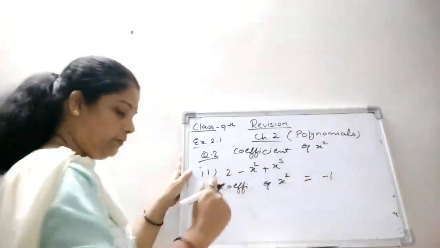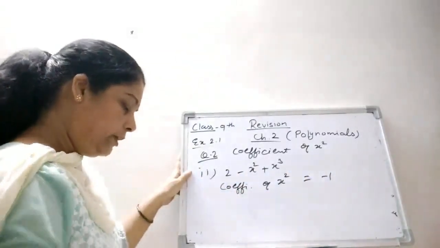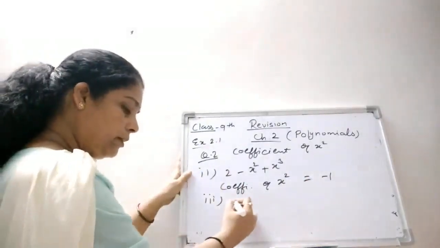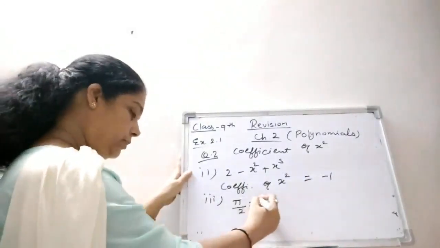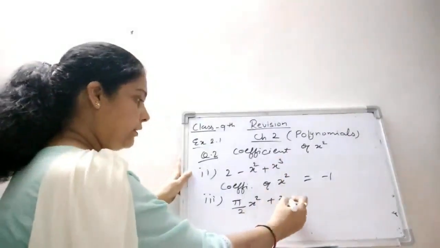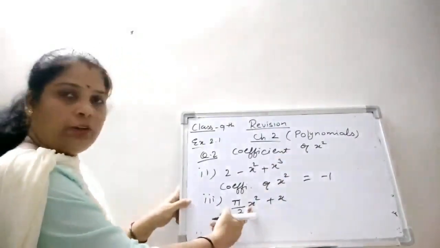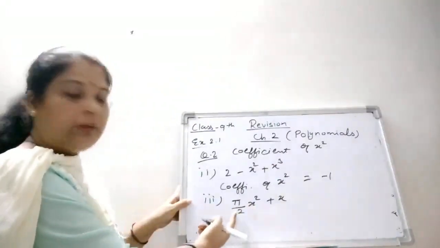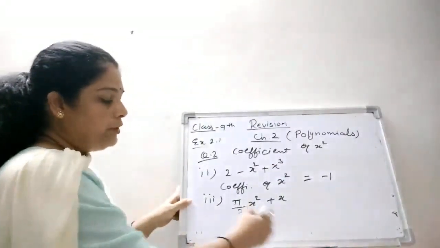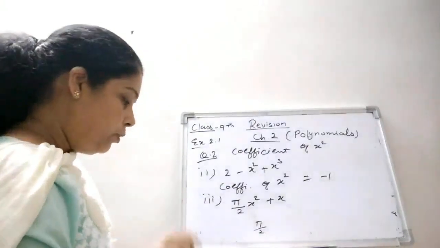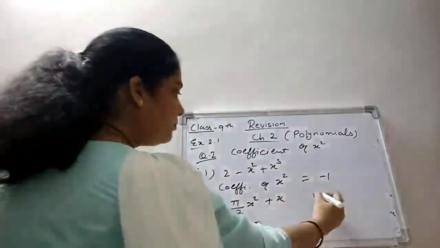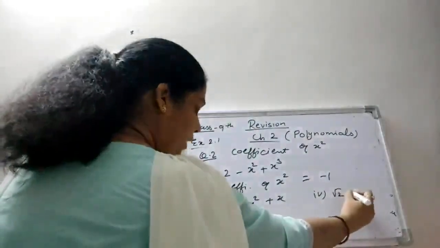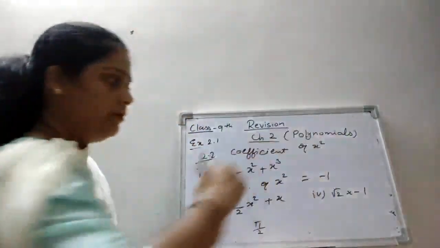And one more part I am taking, that is third part, pi upon 2 x square plus x. Now here the coefficient of x square is pi upon 2, because x square is multiplied with pi upon 2. Now one more part is there, fourth part, root 2x minus 1.